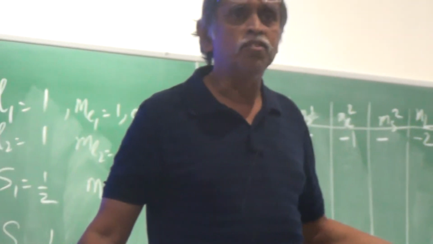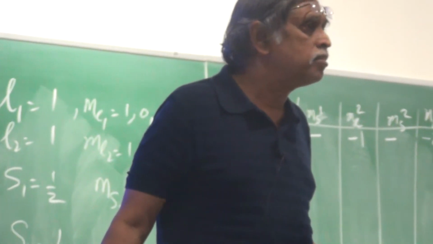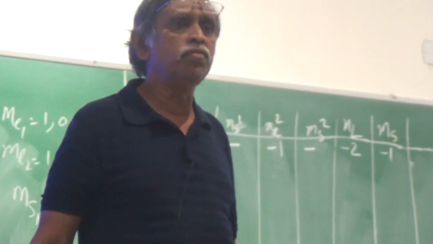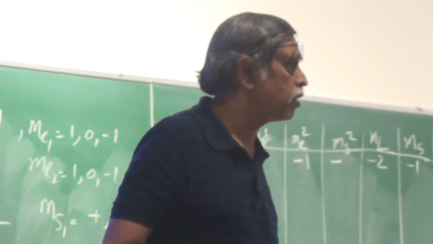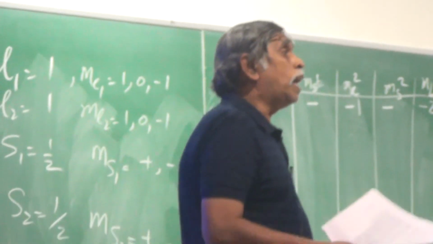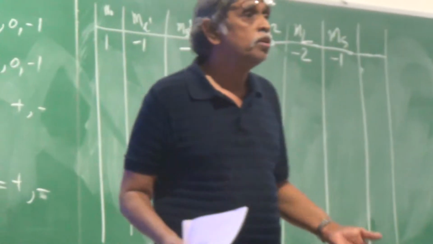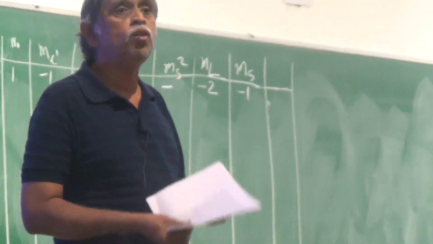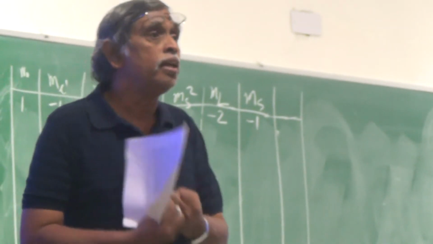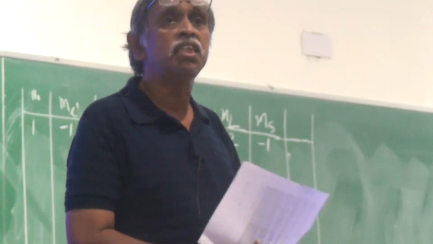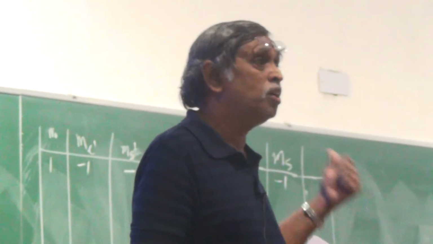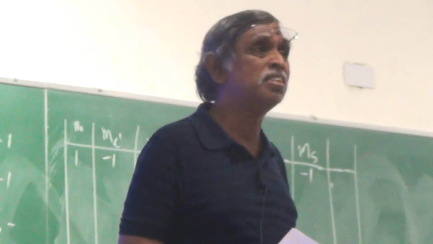N is 2 in both cases. L is the same in both cases because L is 1 for the first electron and L is 1 in the second electron. What about ML? ML is -1, -1. What about MS? -half. You have written out a configuration in which all the quantum numbers are the same, and therefore this is not going to be an allowed configuration because this is a Pauli disallowed configuration.